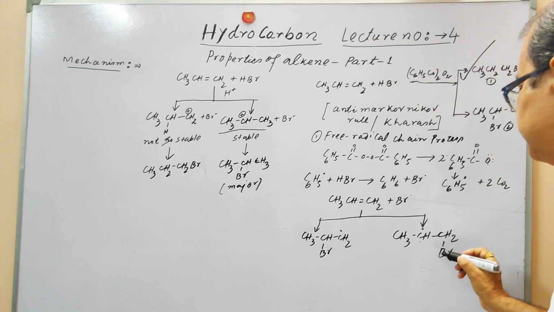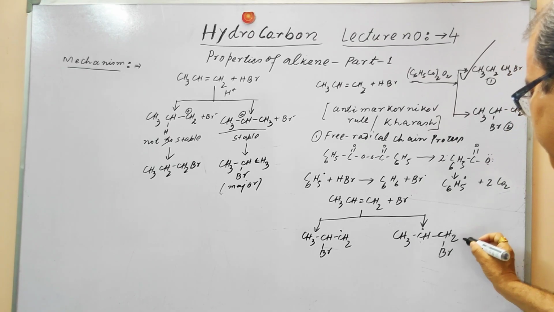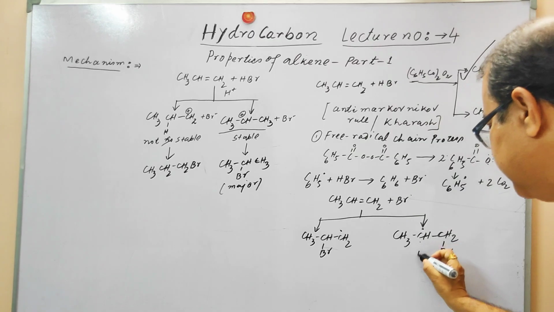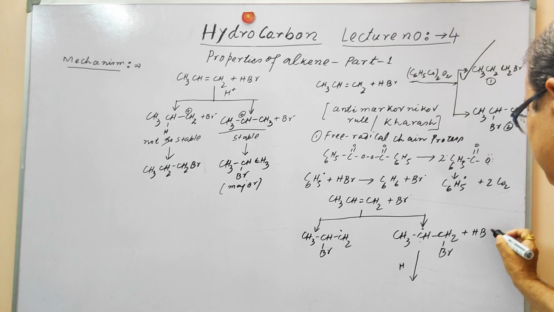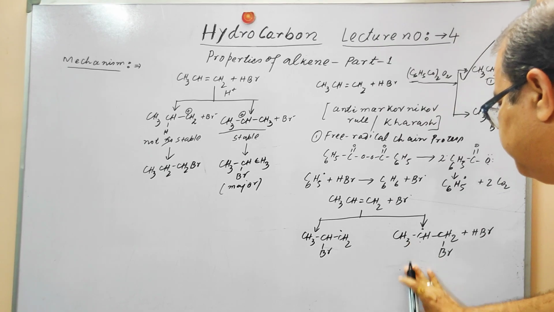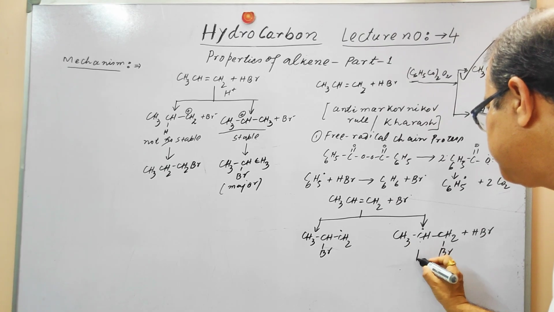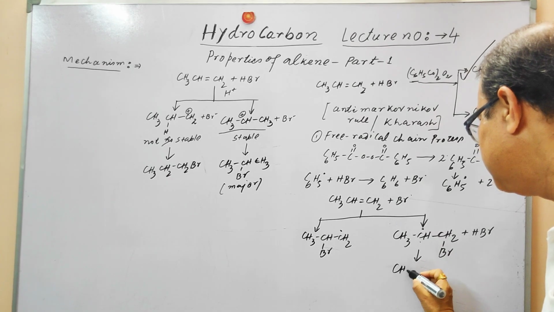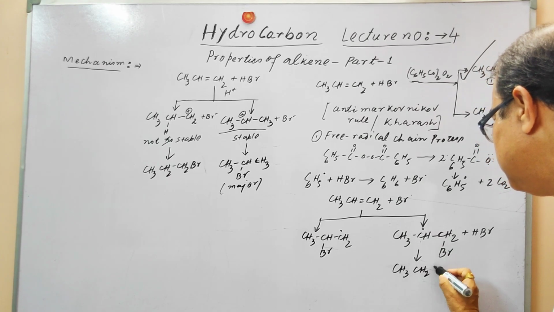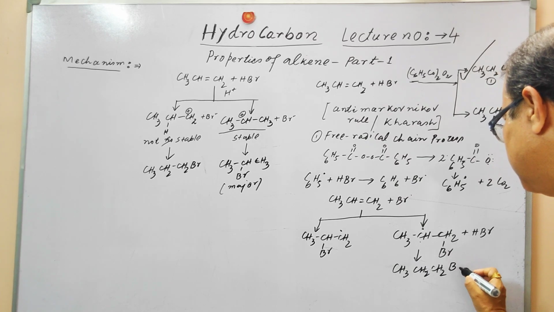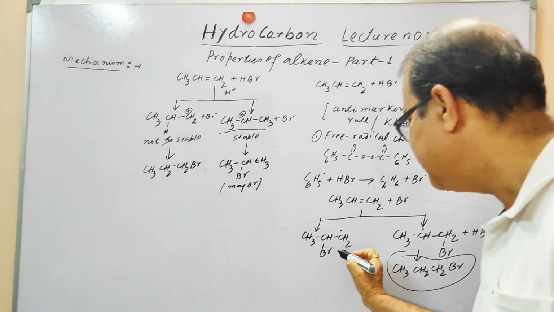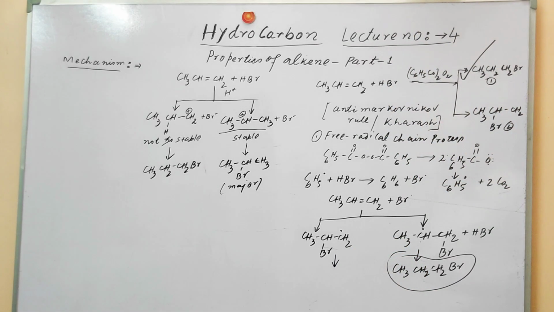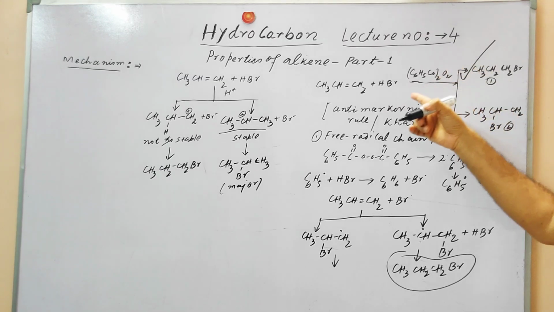So ultimately, when it reacts with HBr, it is going to produce CH3CH2CH2Br, and this will be the major product, whereas this will be the minor product.